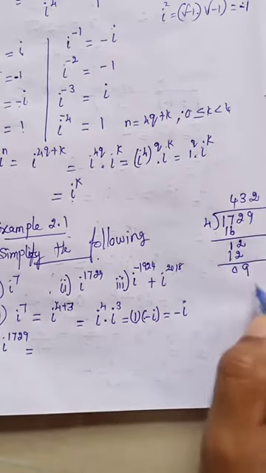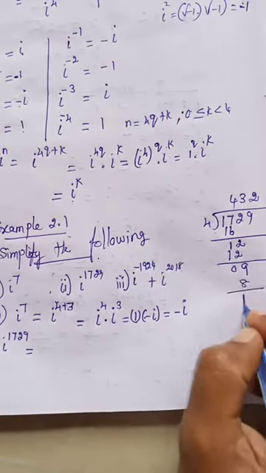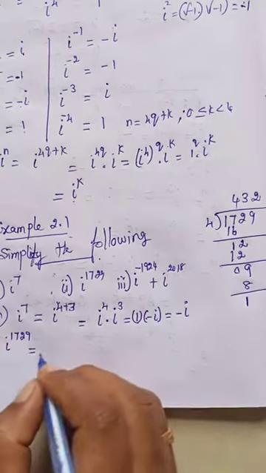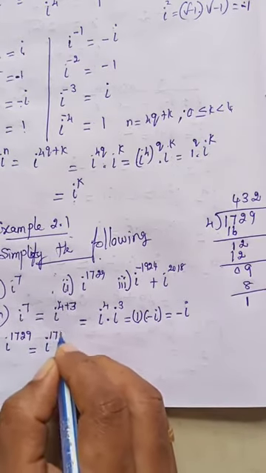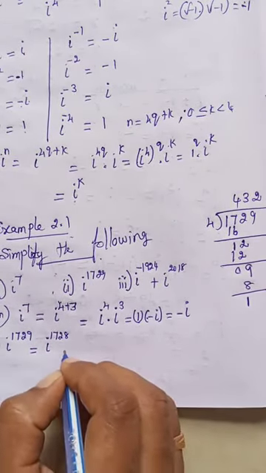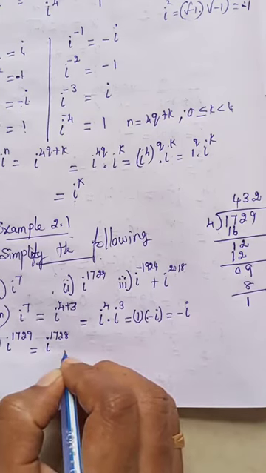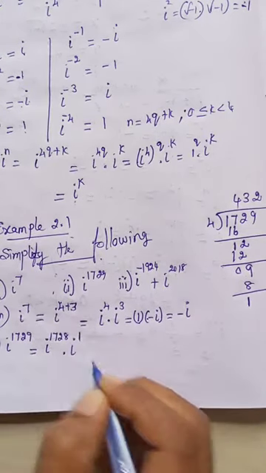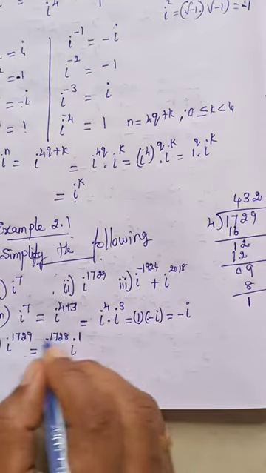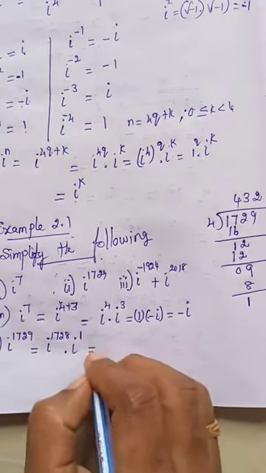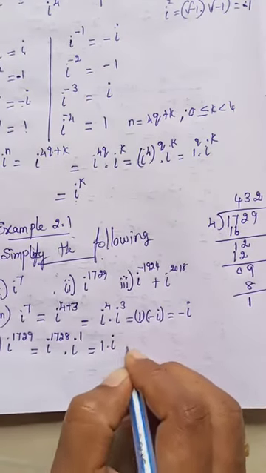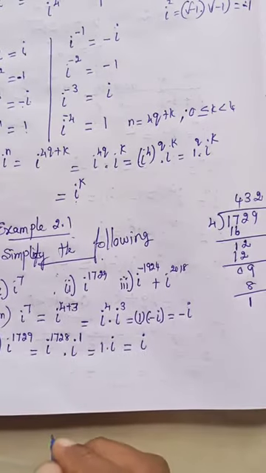Here we know that 4 into 2 is 8. The remainder is 1. So here I can write i^1728 into i^1. So together the value is equal to 1. 1 into i^1 is i. So our answer is equal to i.